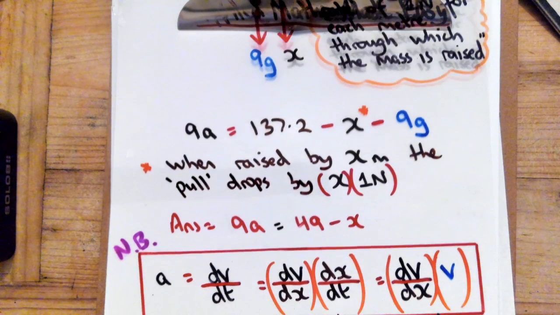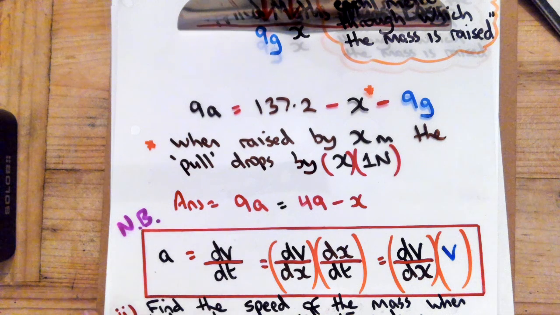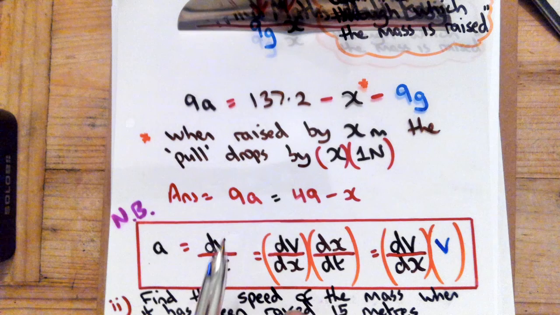Now, here is our question 10 mantra that needs to be embedded in the DNA of the maths brain. I can't emphasize how important it is, and you see it lots and lots.